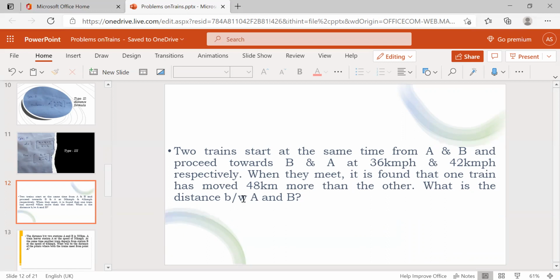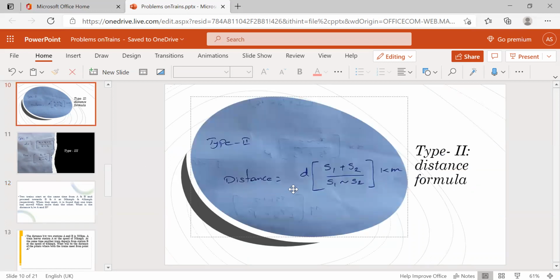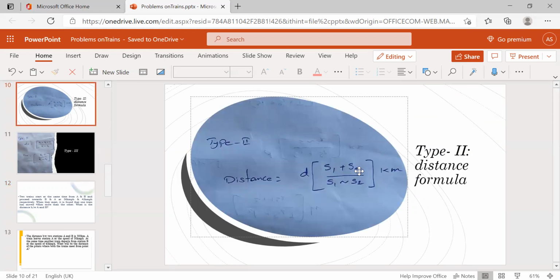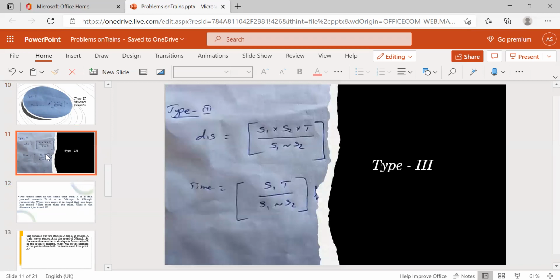What is the distance between A and B? They are asking the distance between the stations. Here, directly, D is the difference, 48 kilometers, times speed 1 plus speed 2 divided by the difference of speed 1 and speed 2. That is this one.